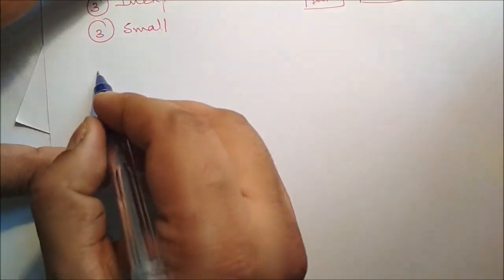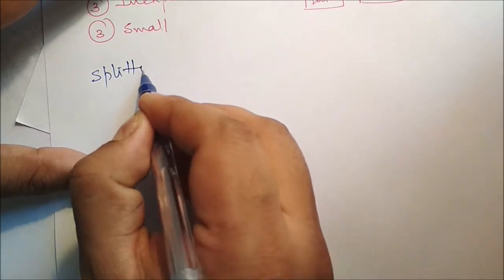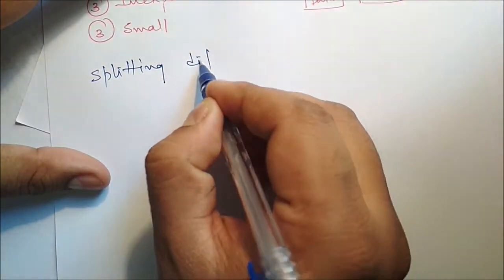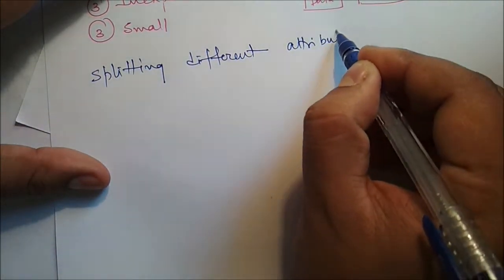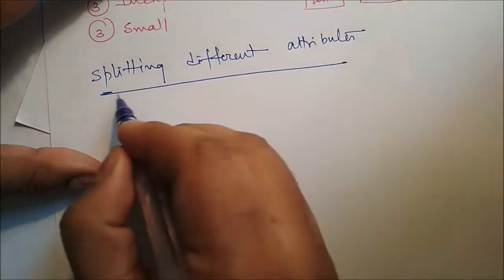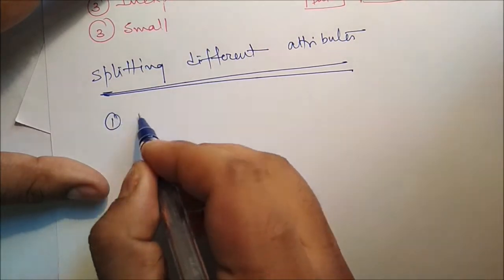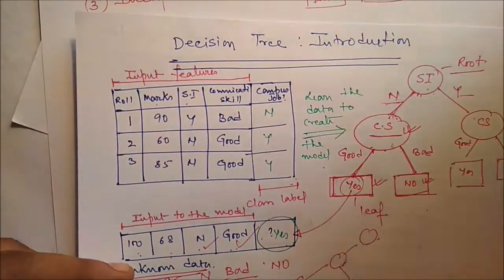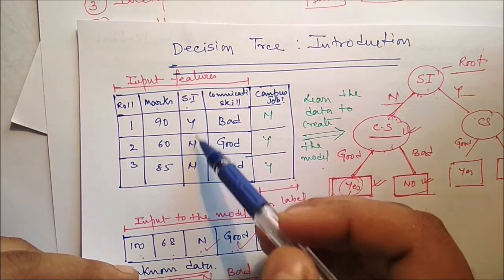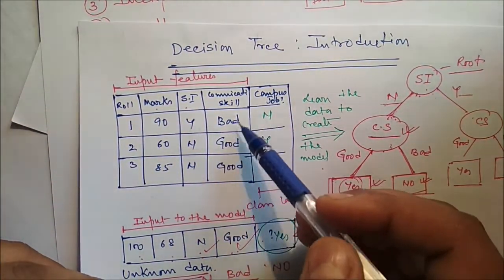Splitting different attributes. Attributes may be binary, say sports interested, yes and no, or communication skill, good and bad.